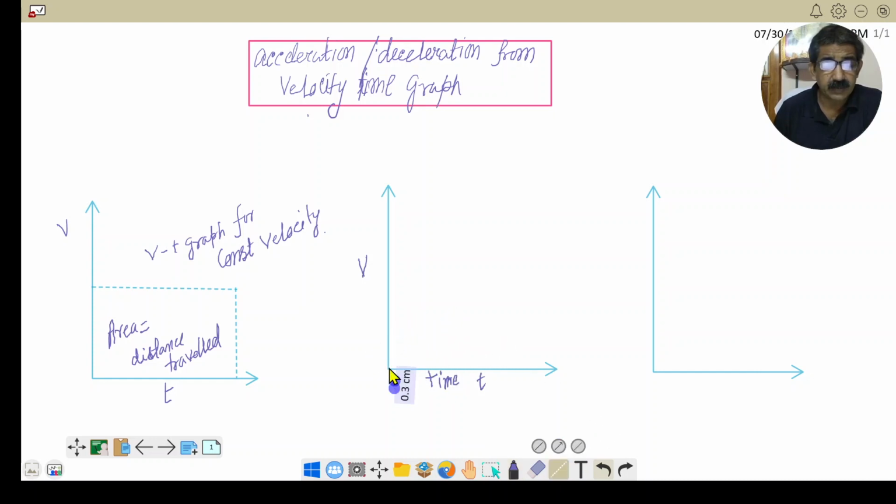That means this point corresponds to 0,0, the point of meeting these two straight lines. This is the x-axis actually, and this the y-axis. This velocity-time graph represents velocity with acceleration.